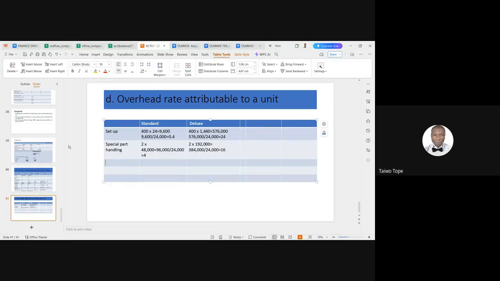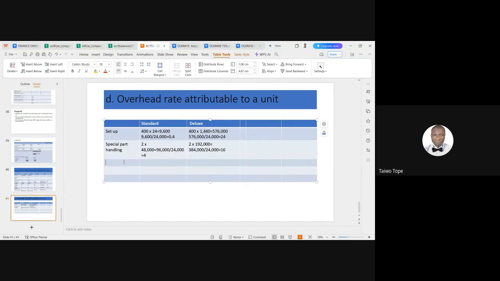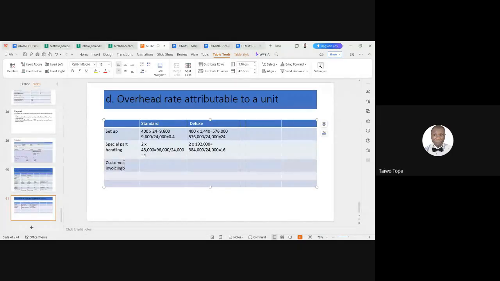The next is what? Customer invoicing costs.